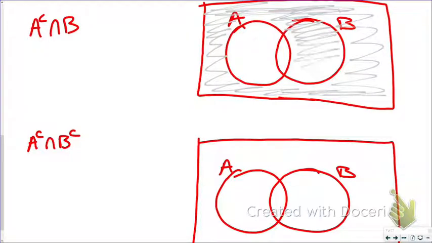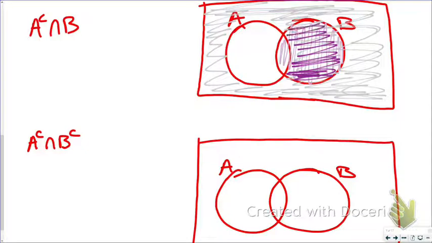So this is not A. And then I'm going to shade all of B. And once again, the answer is where I double shaded. So this region here. Anytime you see that ∩ right here, it's asking for the overlap.